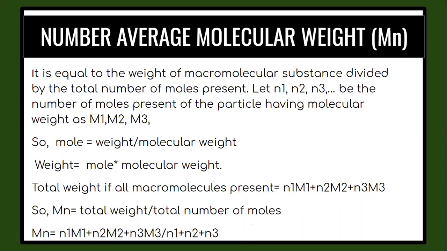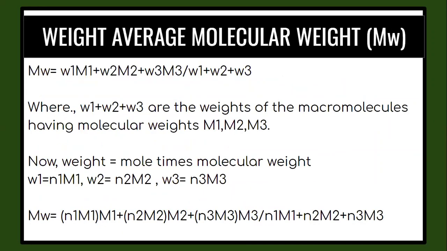So the final equation is Mn equals N1 M1 plus N2 M2 plus N3 M3, upon N1 plus N2 plus N3, which is the total number of moles of the particles. This was the first way of identifying molecular weights, called the number average molecular weight.